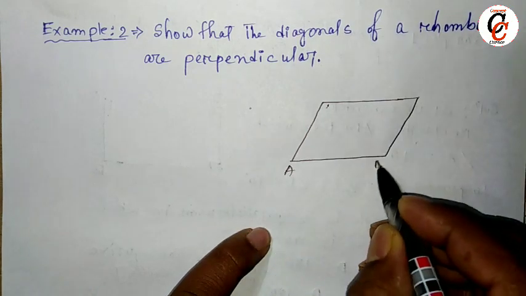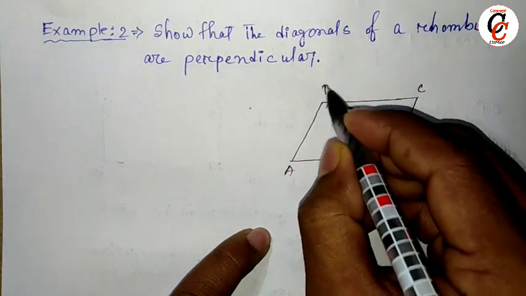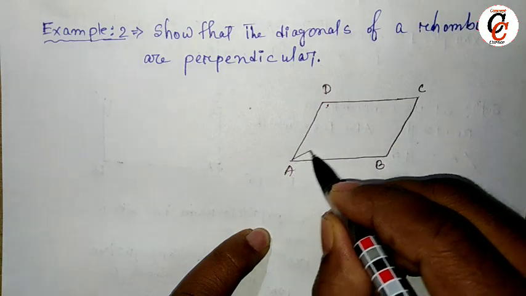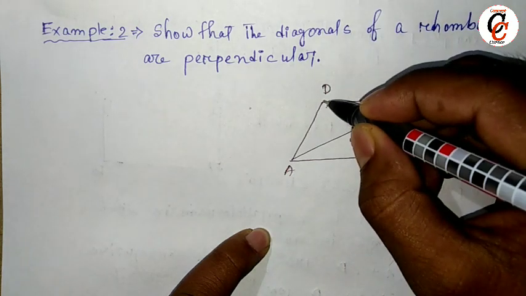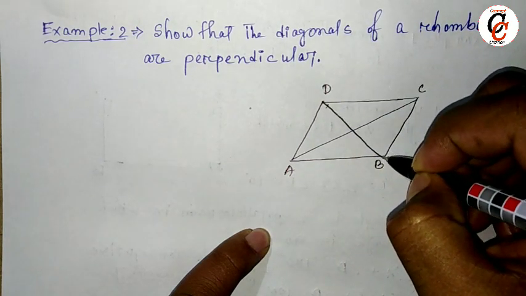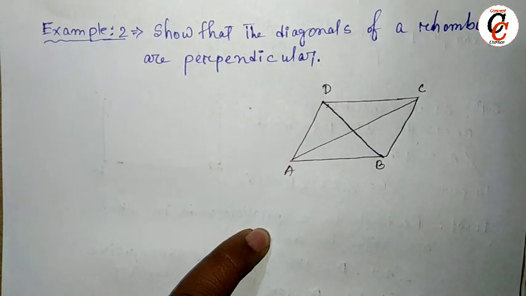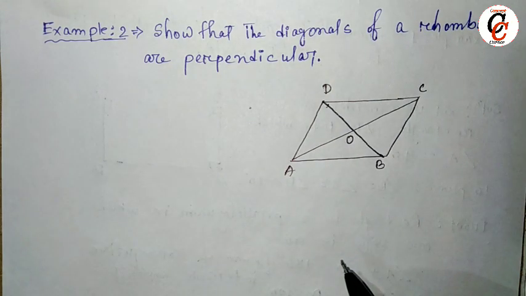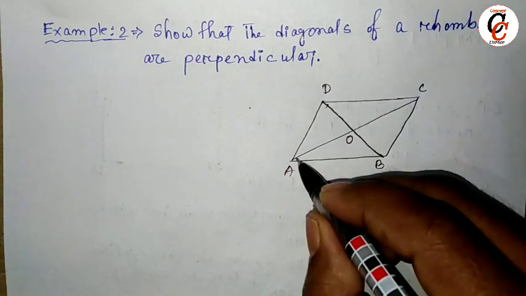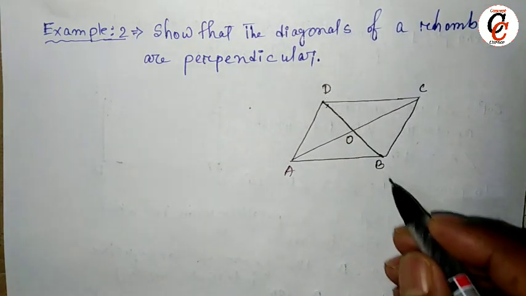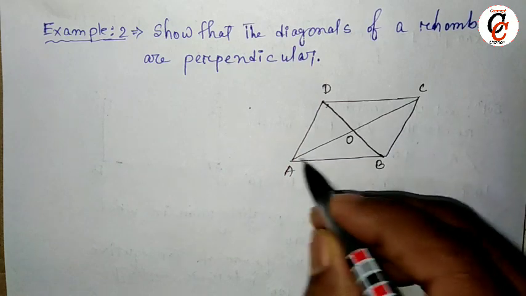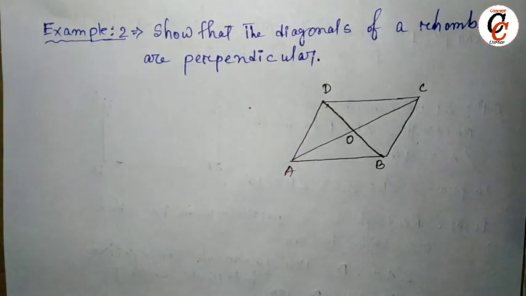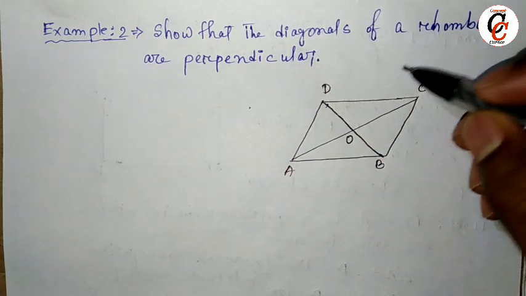Then that quadrilateral is called a rhombus. Suppose ABCD is a rhombus, and AC and BD are the diagonals. Suppose they intersect at point O. We need to prove that AC is perpendicular to BD and BD is perpendicular to AC. Perpendicular means what?